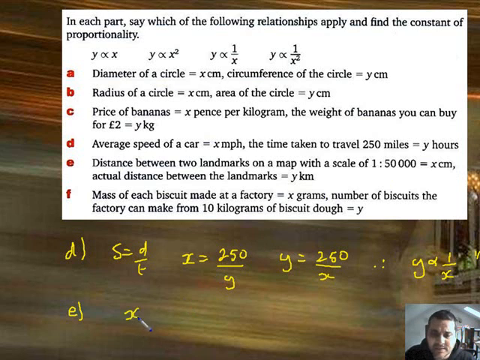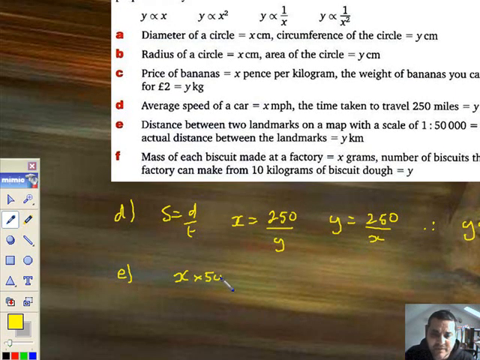So I'm going to take my x, multiply that by 50,000 times. That's in centimeters. So how do I change these centimeters into kilometers?